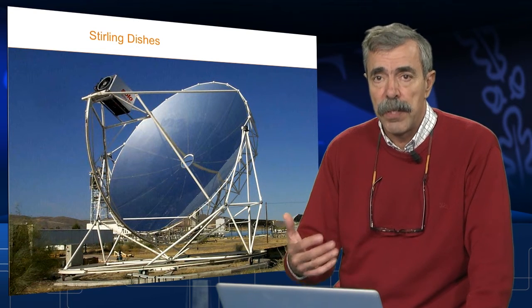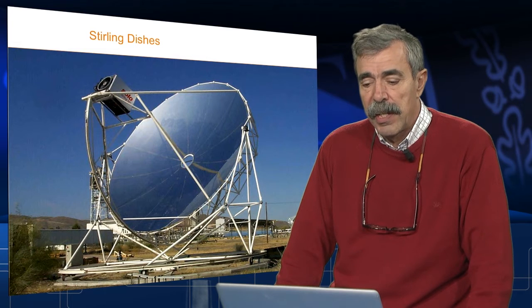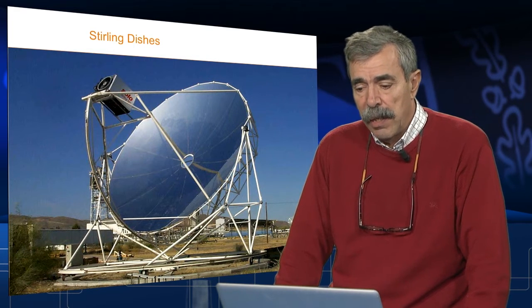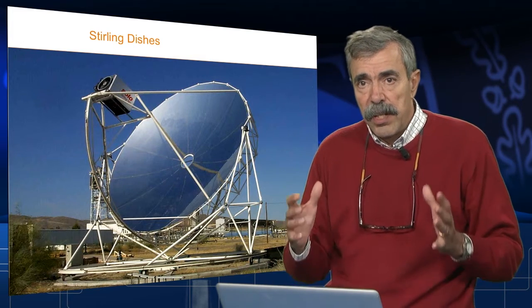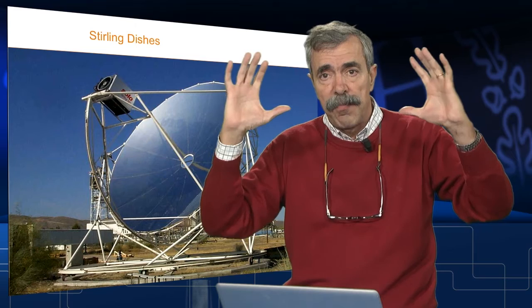Stirling dish was very popular, or was looking very promising, when the PV prices were very high, and it has some clear and evident advantages. The first one is that it's very, very efficient. A Stirling dish is really a metal structure holding mirrors, and is designed to be facing the sun.